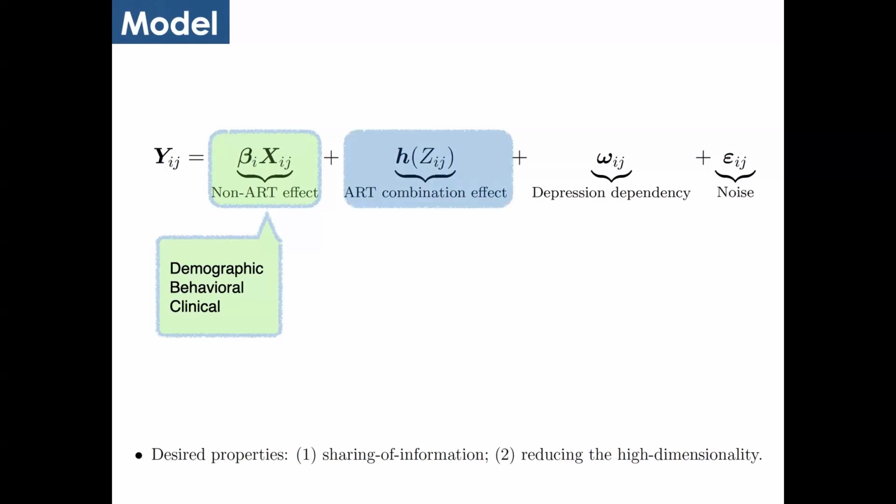For example, if two regimens both have two NRTI drugs and one PI drug, they should share some information, because drugs in the same drug class share the same mechanism. The second one is we want to reduce the high dimensionality. So we take a kernel type approach.